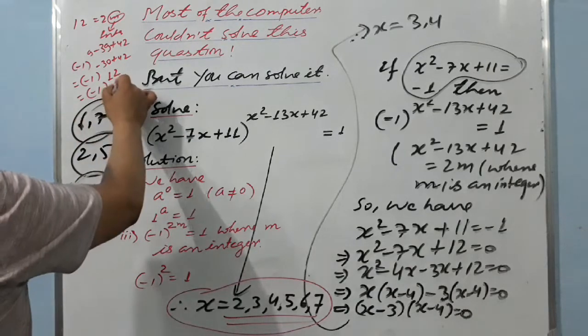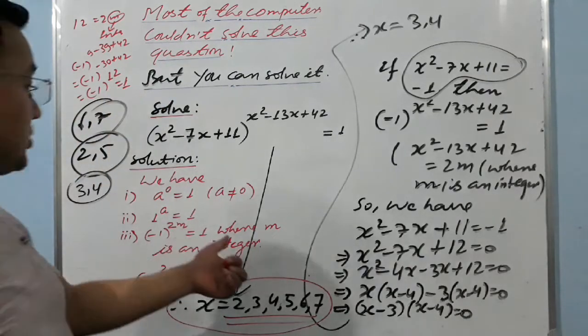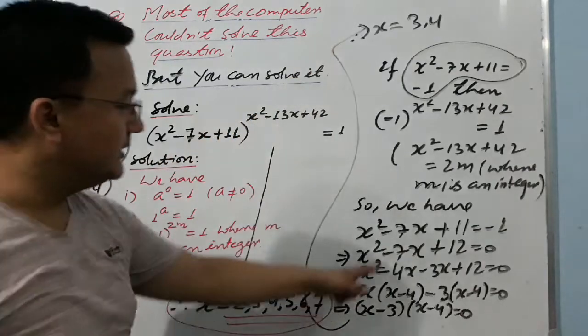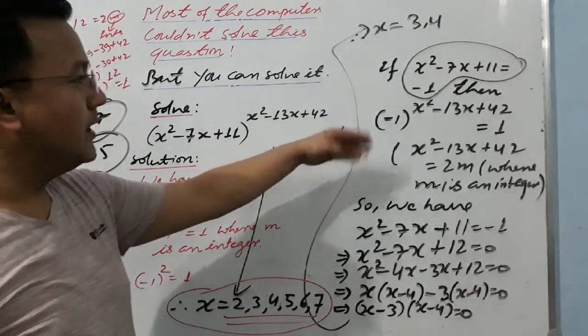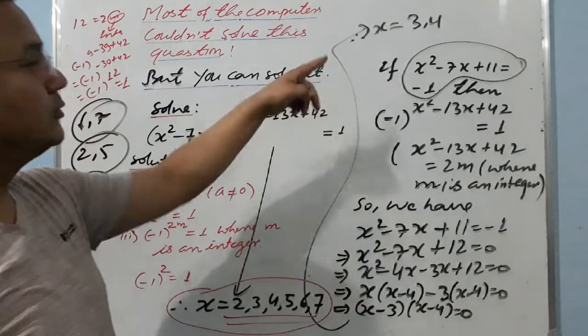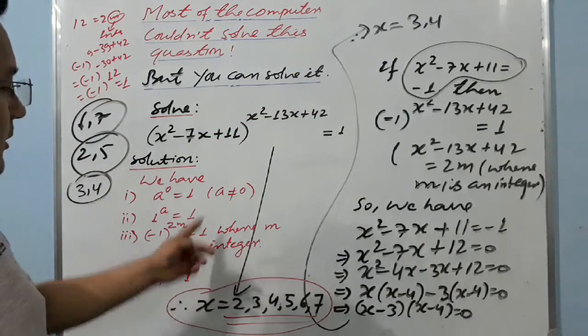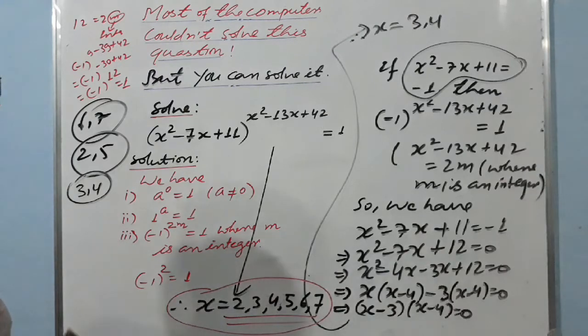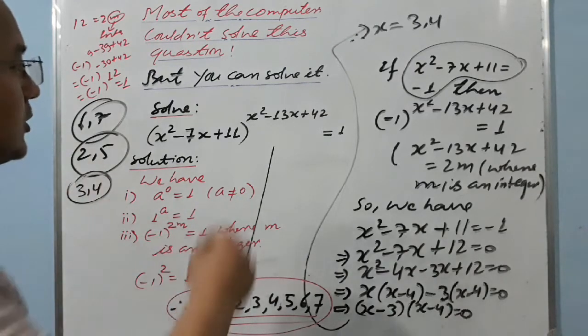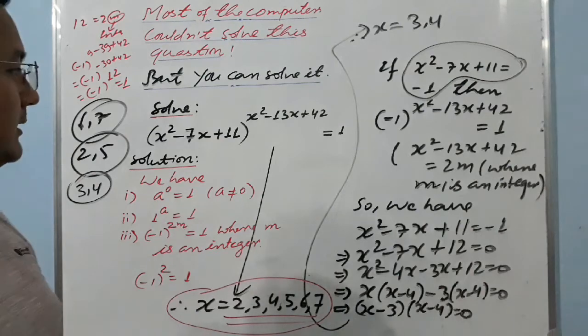So minus 1 raised to power 12 is equal to 1. So it's true, x is equal to 3 is also true in this case. Similarly, you can check 4 also. You can check all the values. So we got 6 values of x. This is the complete solution.